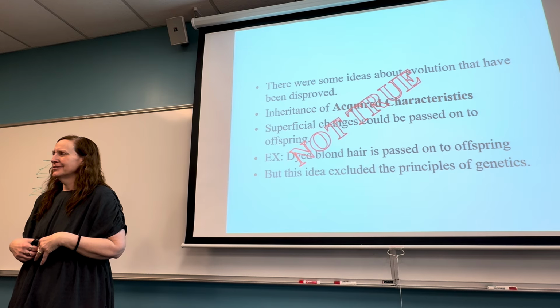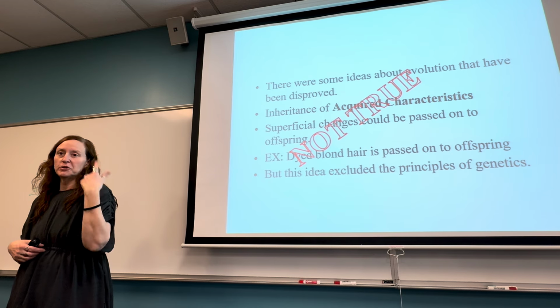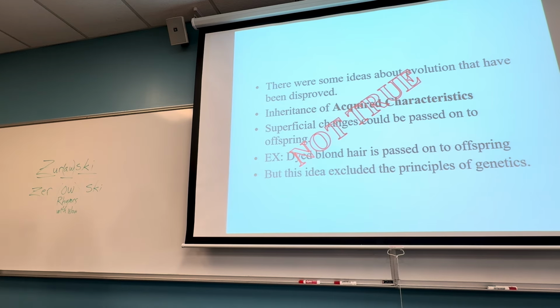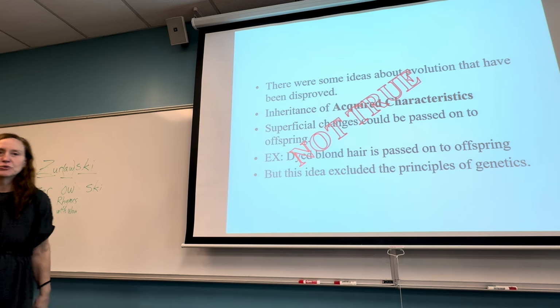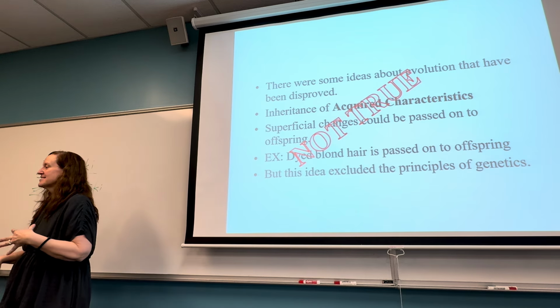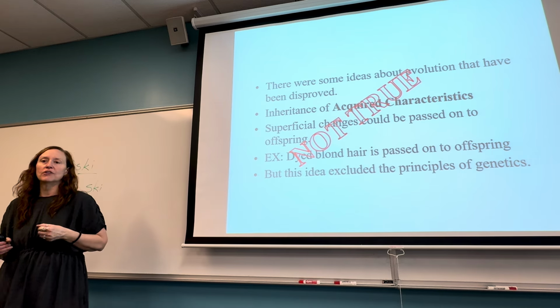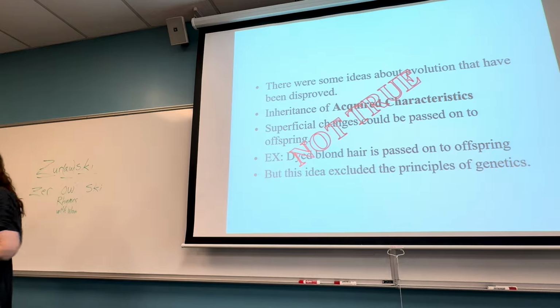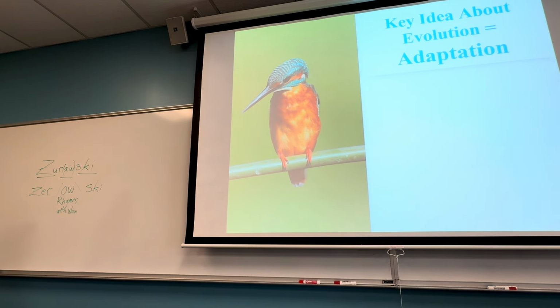Could that be true? Could I put in blue contacts and dye my hair blue, and then my offspring will be blue-haired, blue-eyed? No, right? Because eventually we find out that characteristics are based in genetics, and that you can't just choose to do things to your physical self and then expect your offspring to also inherit those traits. So we know that this idea of inheritance of acquired characteristics is not true either.